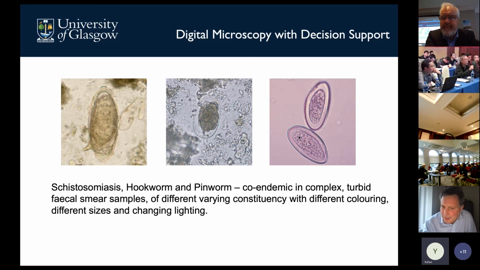Is it taken by the mobile or is it taken by other means? No, the images I'm showing on the screen now are images taken off the web as examples, just to show you.